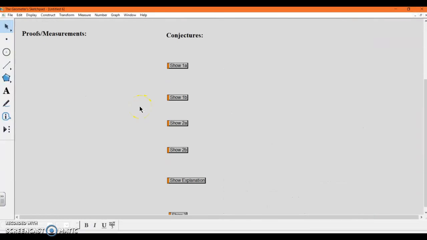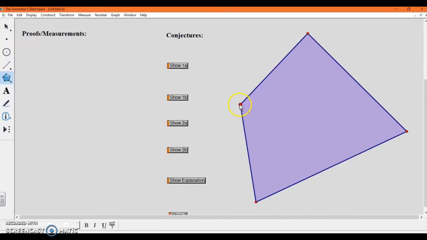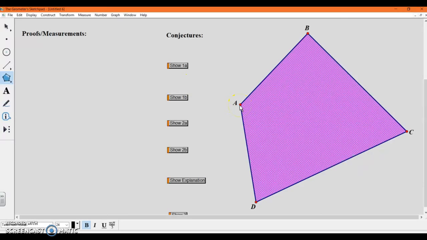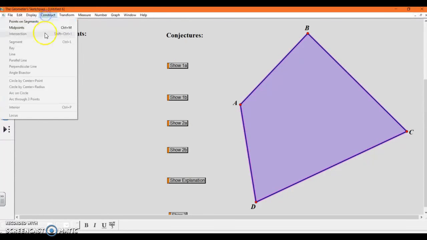We're going to get started by creating a quadrilateral labeled ABCD. We're then going to select the line segments on the outside and construct the midpoints.